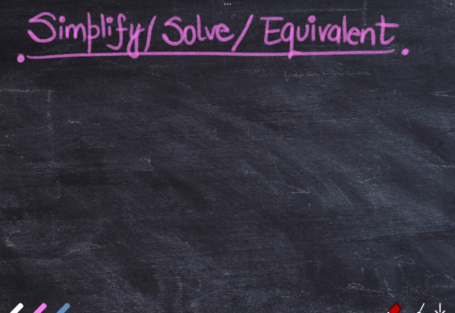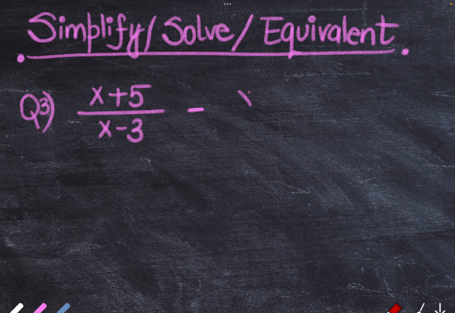We'll call it question number 3. The expression given to us is x plus 5 over x minus 3 minus x plus 4 over x plus 2. So this is the question provided.